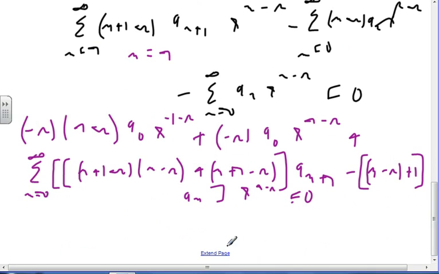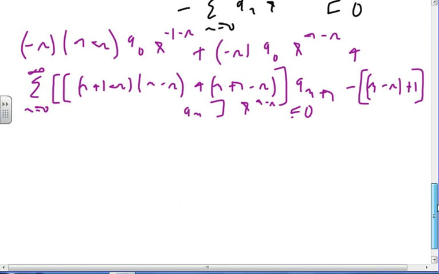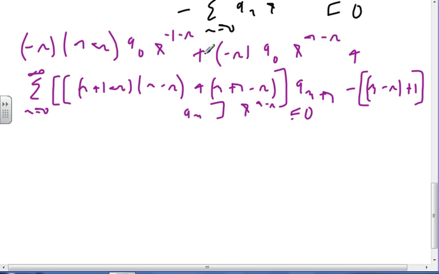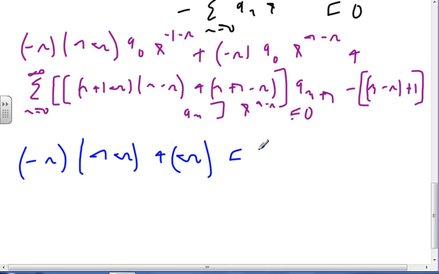Okay. So when I look at the x to the minus 1 minus r term, I get that (minus r)(minus 1 minus r) plus 5(minus r) has to be 0.